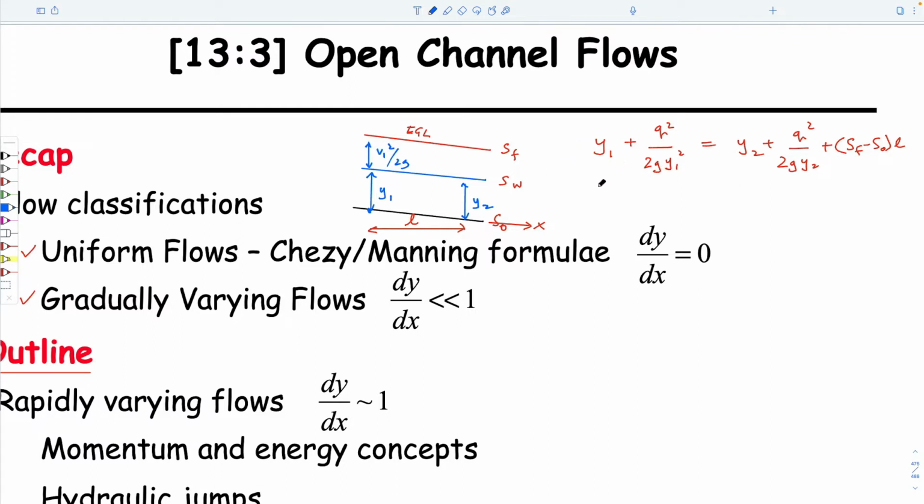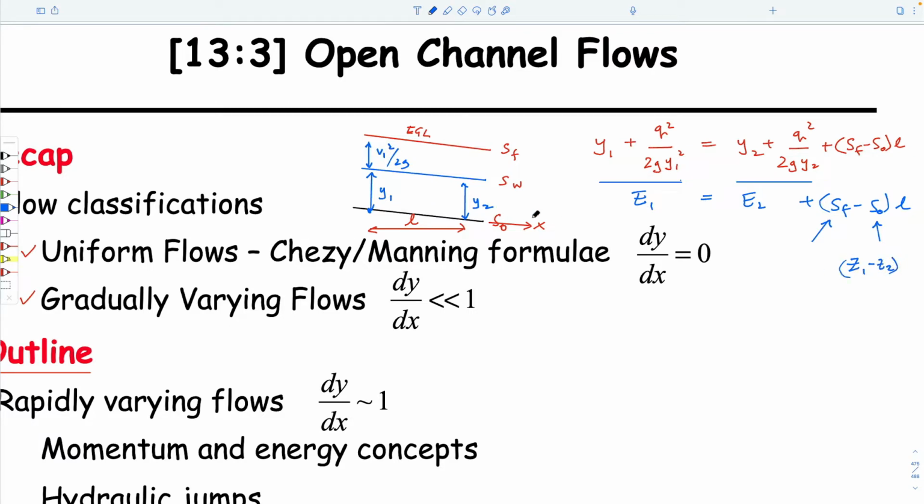And so this is what we've called the upstream specific energy, E1, which is equal to E2 plus this term here. And so these individual portions, in terms of what we talked about in Bernoulli, well, this term here is essentially Z1 minus Z2.